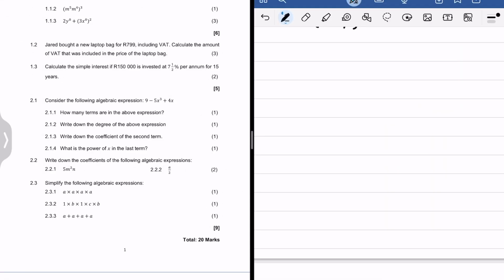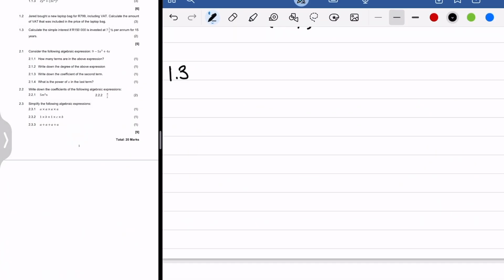1.3. Calculate the simple interest if 150,000 Rand is invested at 7.5% per annum for 15 years. So I'm simply looking for the simple interest here after 15 years of investment of 150,000 Rand.